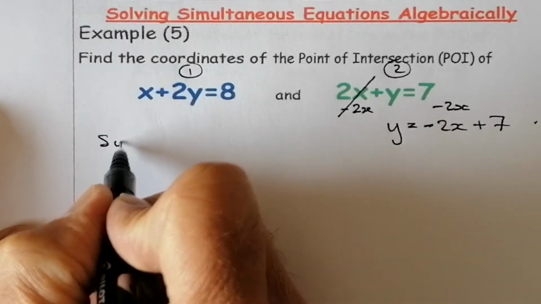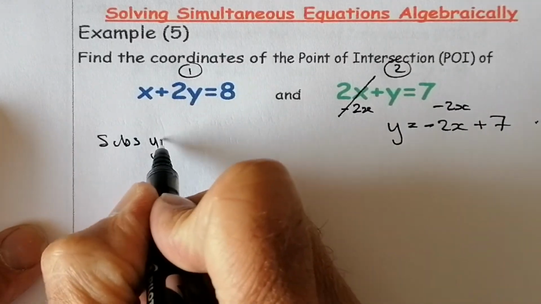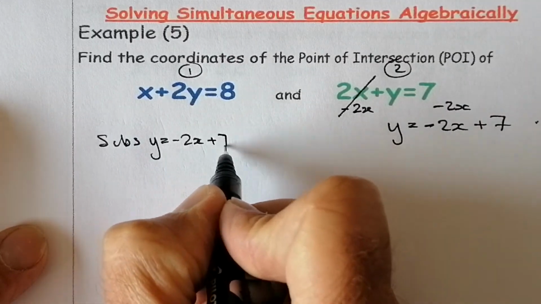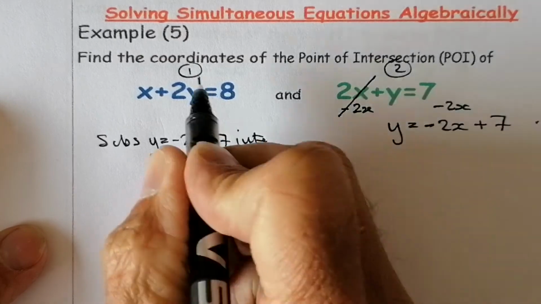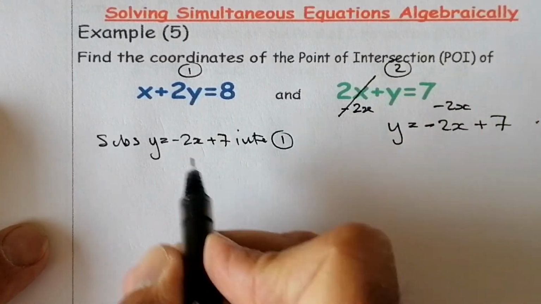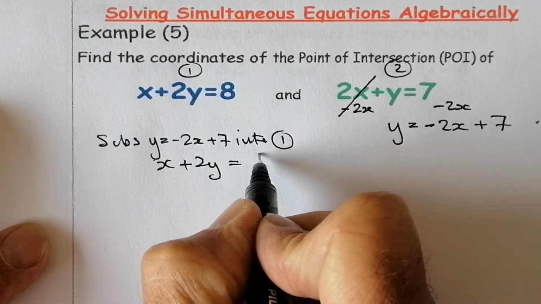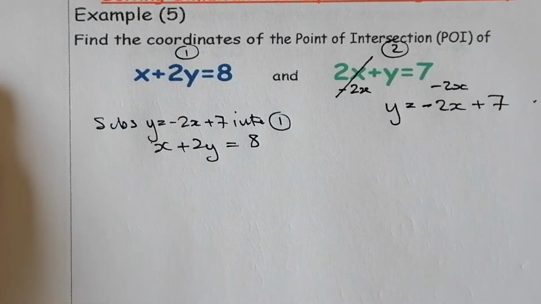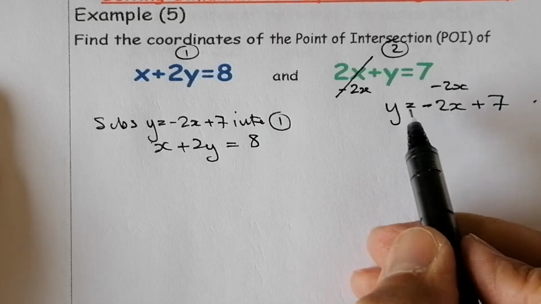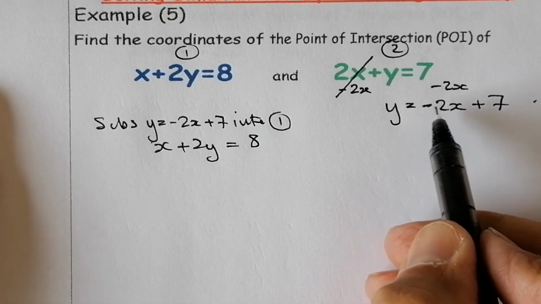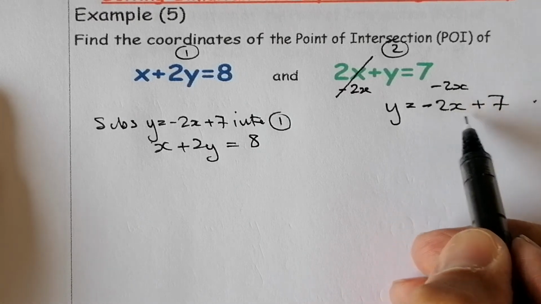So I'm going to substitute y is equal to minus 2x plus 7 into equation number 1. So equation number 1 starts off x plus 2y is equal to 8. Okay, so what I can see here is, instead of y, I'm going to substitute in not just one thing, but I'm going to substitute that there.